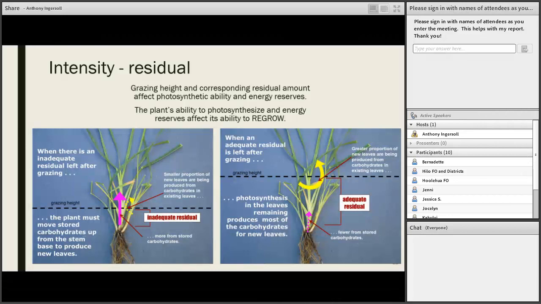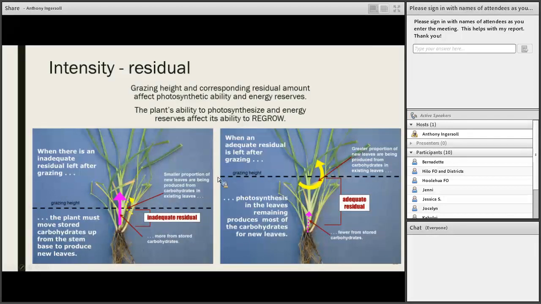So as these slides show, same plant, if you graze it to different heights, you're going to have a different effect on that plant's stored energy, as well as that plant's ability to actively photosynthesize to produce energy for regrowth. When there's inadequate residual and it's grazed too low, this plant has to mobilize more of its stored energy and stored carbohydrates from its roots and stems in order to regrow new leaves and complete its physiological processes.